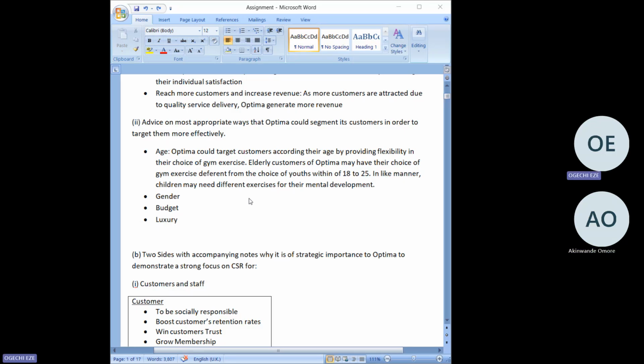Then from the school, the Ministry of Health reports, I also captured some things there that they were trying to say that the children need a particular, different kind of exercise for their mental development.